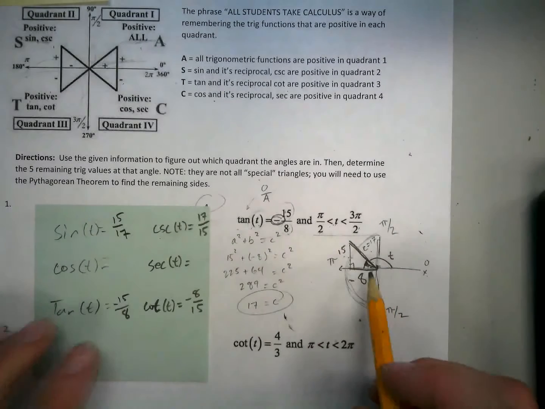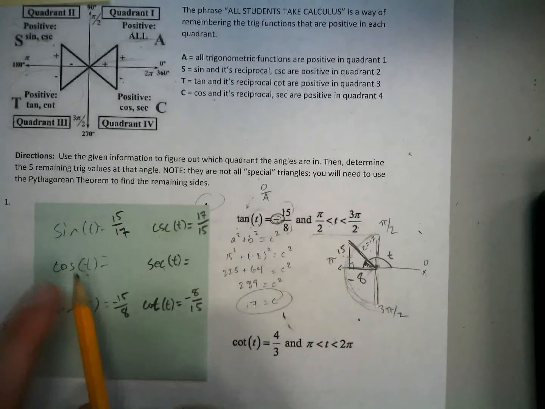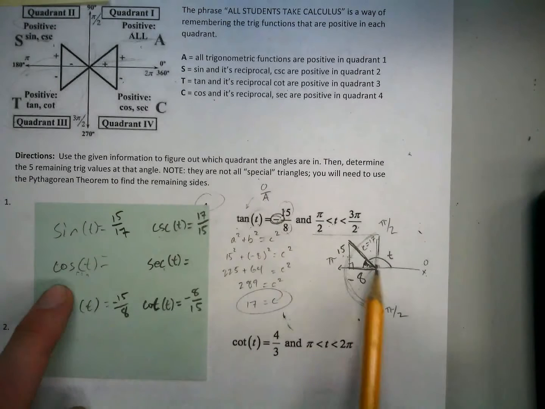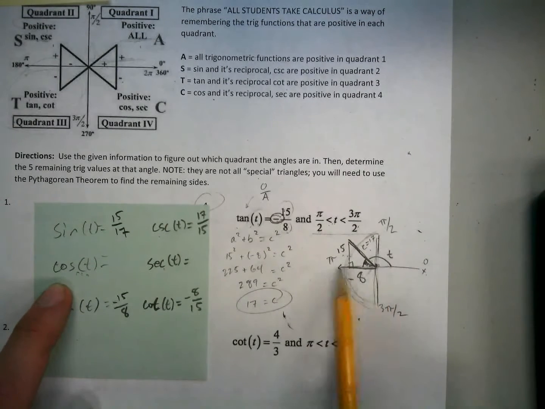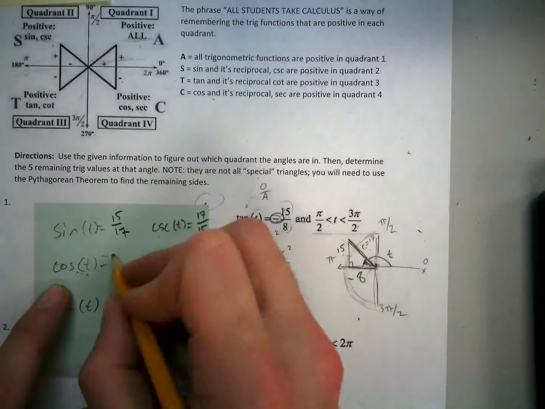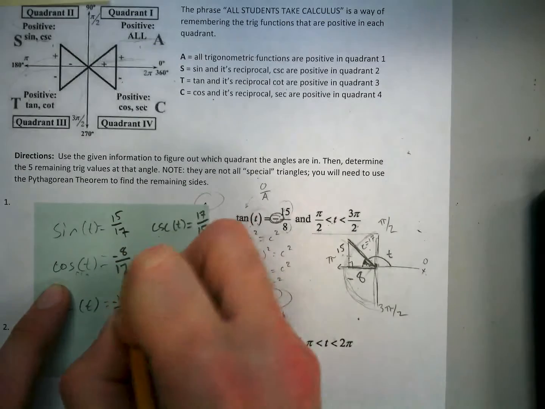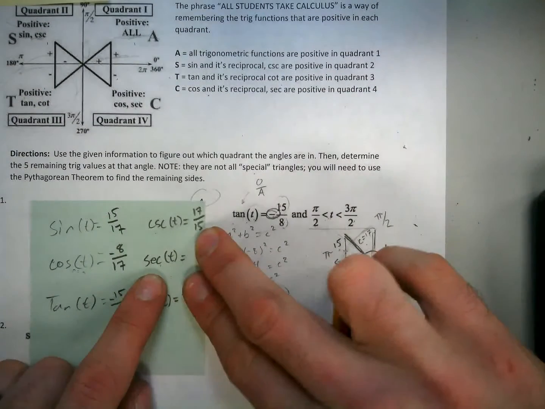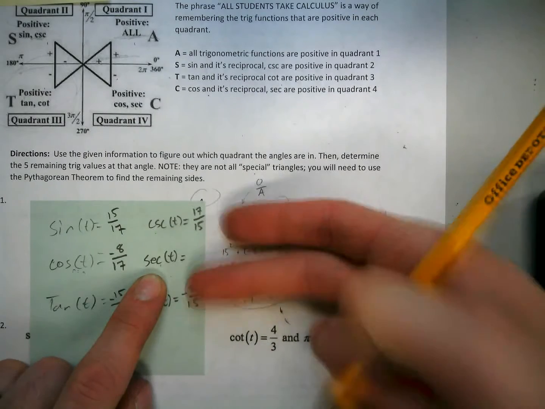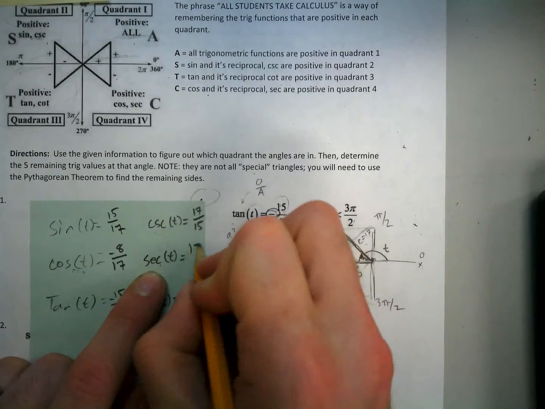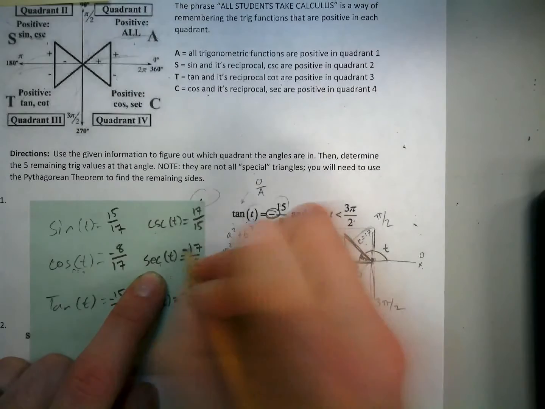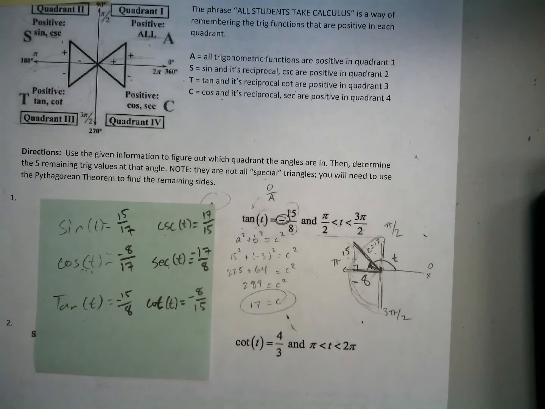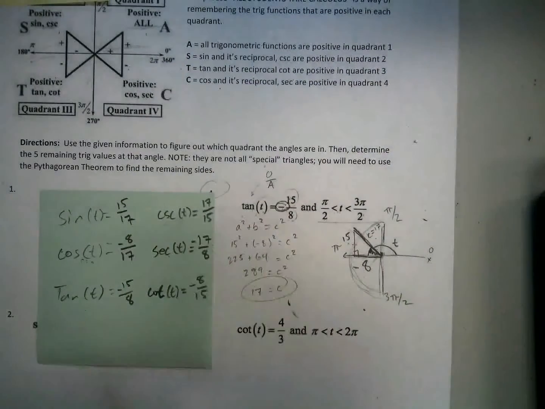Secant, or sorry, we'll get that after we do cosine. Cosine of that angle, SOH CAH TOA, adjacent over hypotenuse, negative 8 over 17. Secant, its reciprocal, we flip it, would be 17 over 8, but it's negative, so negative 17 over 8. We got tangent and cotangent. We're done.